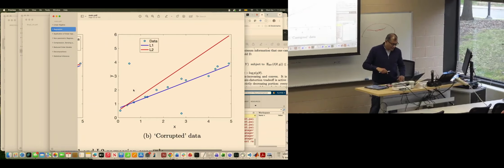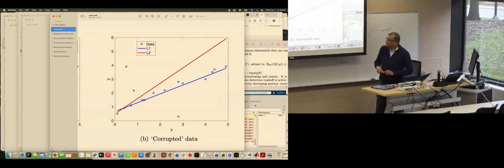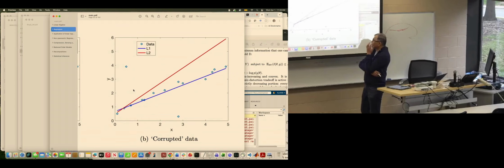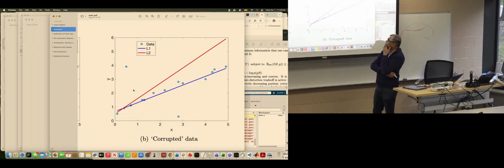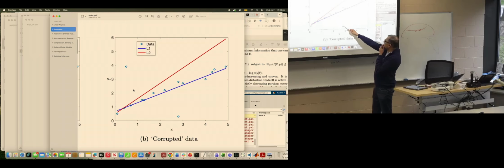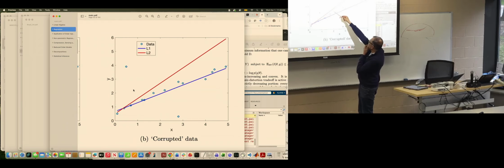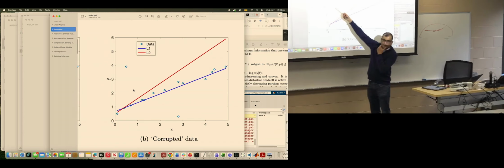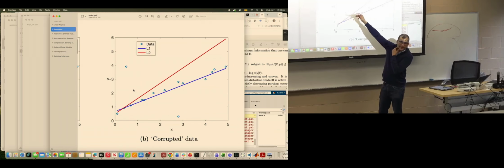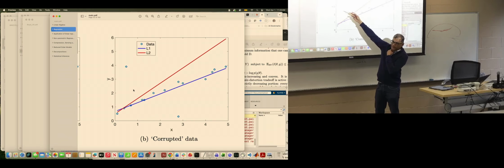Now see what has happened here. L2 is affected by the outlier. There are two data points that are outliers, and L2 treats all of the errors the same, and it really wants to go after them.